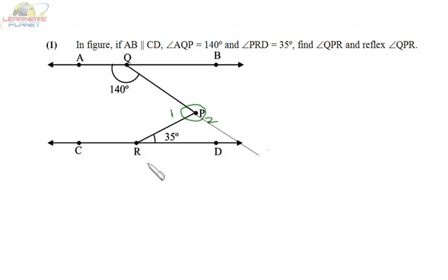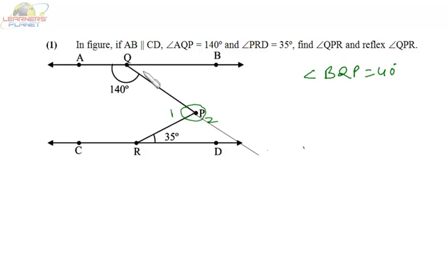Now we can see AB is parallel to CD, and this complete line is a transversal. This angle is 140 degrees, so this angle will be 40 degrees since both of them form a linear pair. So I write it here: angle PQ and P will be 40 degrees.